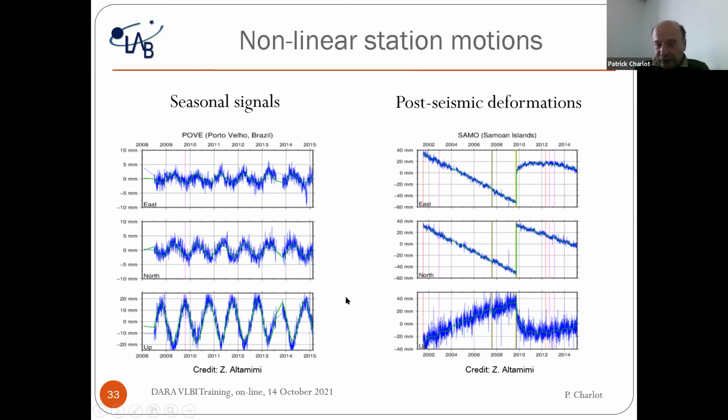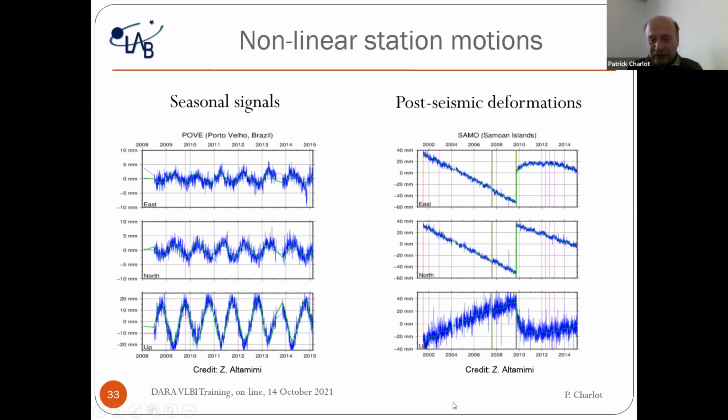So apart from the seasonal signals, I mentioned the earthquakes. When you have an earthquake, you have a break in the position. The positions of a site move by several centimeters or more. But after the earthquake, it doesn't get back to exactly the same velocities, at least not for some time, because there is some delay and possibly some deformation.